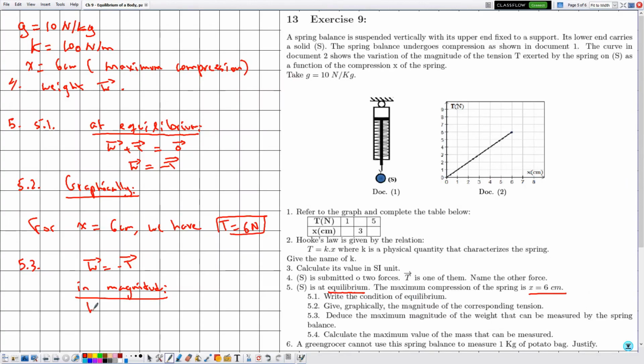Then W is equal to T, but we know that the maximum tension, let me say here T max, is equal to 60 newtons. Then in this case, the maximum weight is given by 60 newtons.